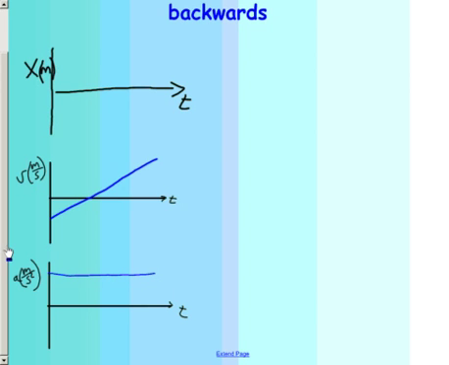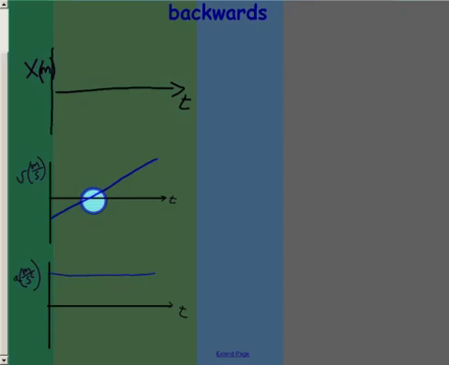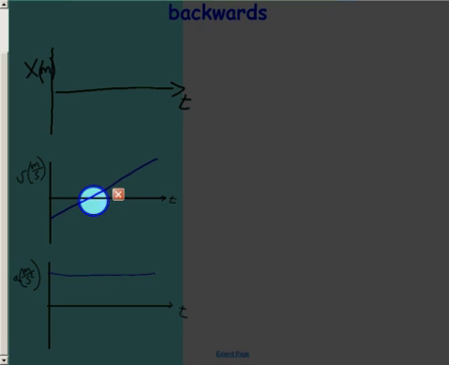If we start and we think about what's going on at exactly that point right there, the velocity is 0, and then it goes positive, and it goes bigger and bigger and bigger.